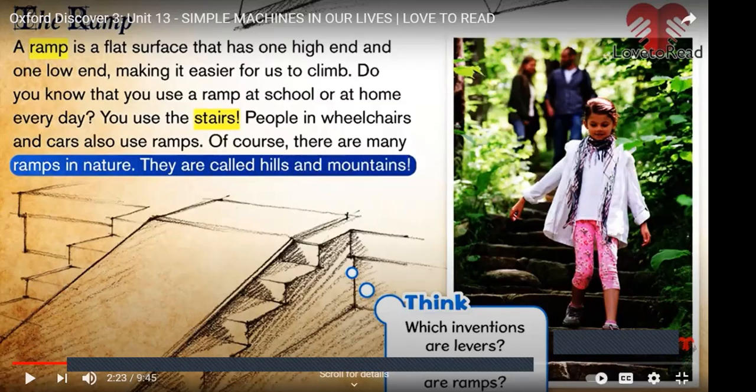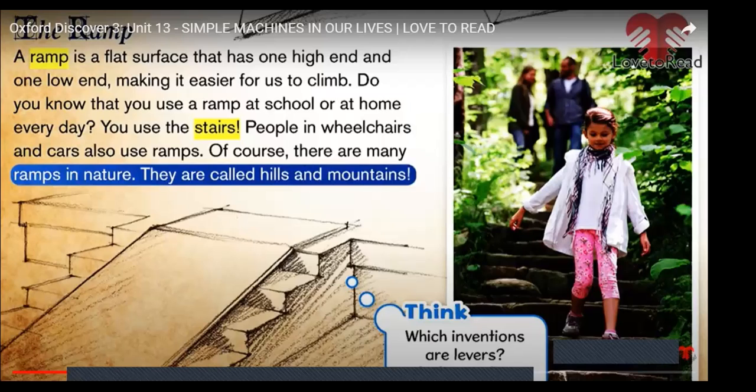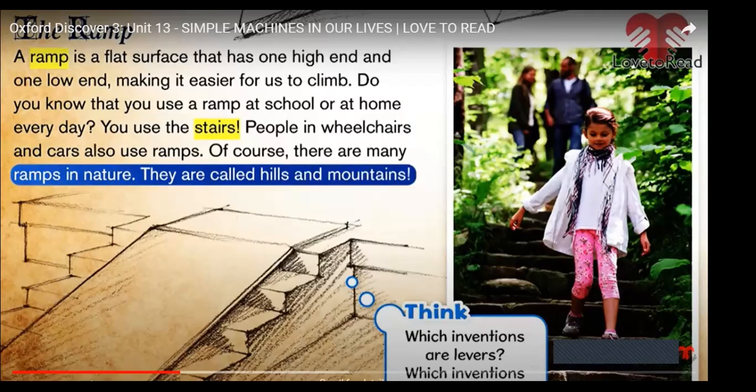Okay, students. So the second one is the ramp. As you all know, the ramp is a flat surface that has one high end and one low end, making it easier for us to climb. Do you know that you use a ramp at school or at home every day? You use the stairs?